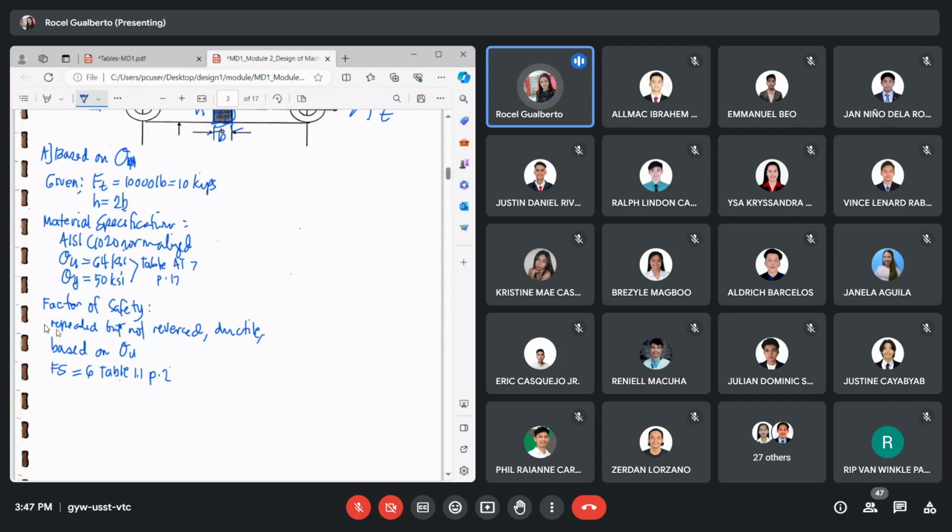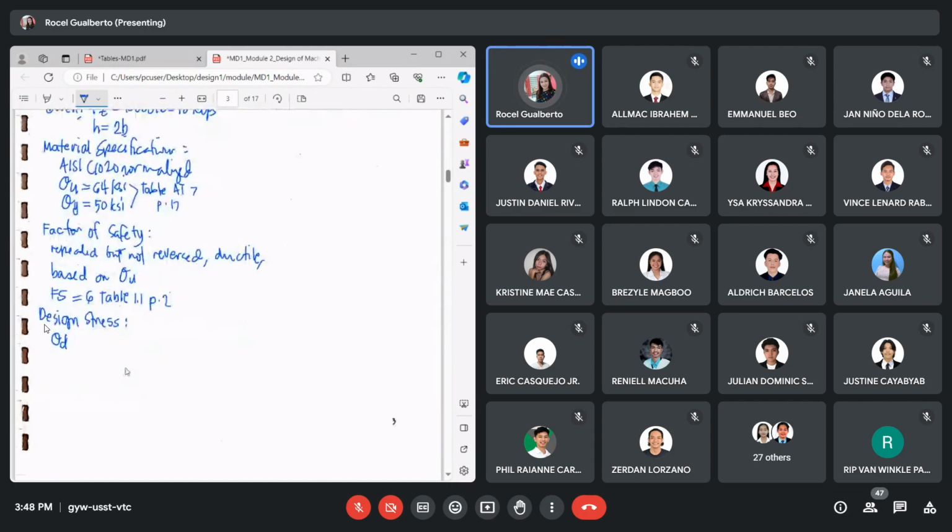Sunod po sa factor of safety is to determine the design stress. So, design stress po ang kasunod. Okay, so for the design stress, ang gagamitin po natin ay sigma D. Bakit nga po sigma D? Dahil po tension. Kaya sigma po ang gagamitin natin.